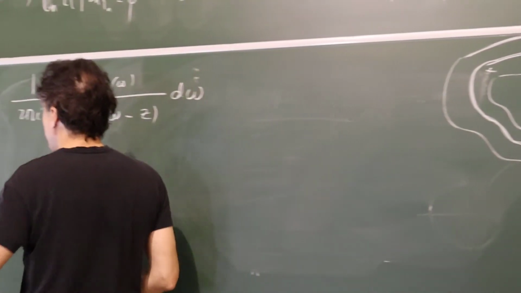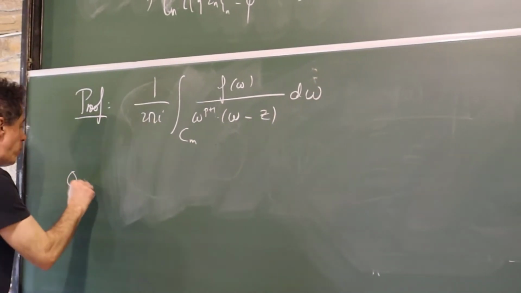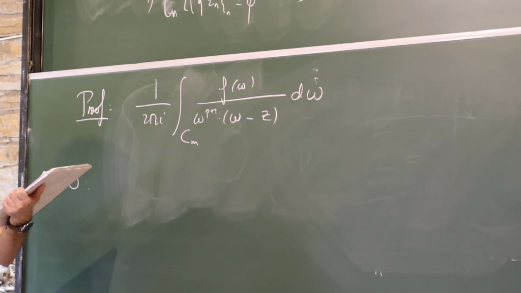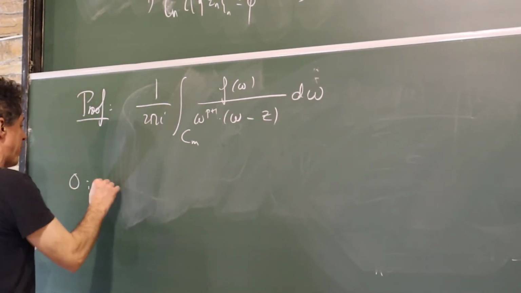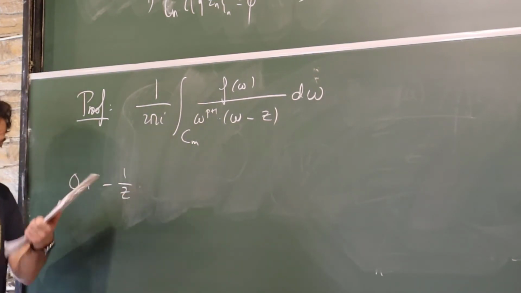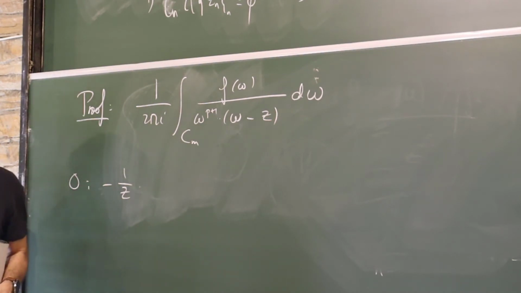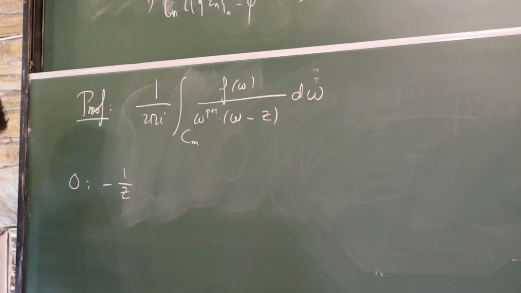If you compute these residues at 0, the residue turns out to be the following term, minus 1 over z times, it is more complicated to compute because it's not a simple pole. So you have to work a little bit to compute the residue here.